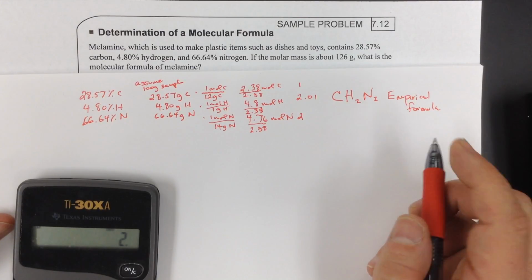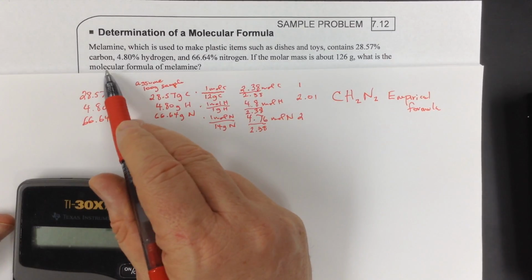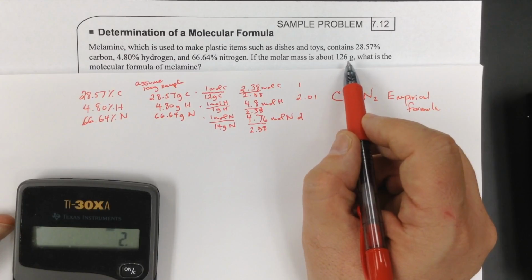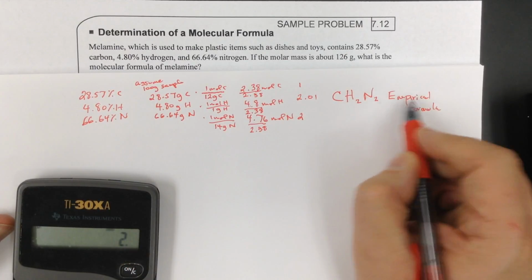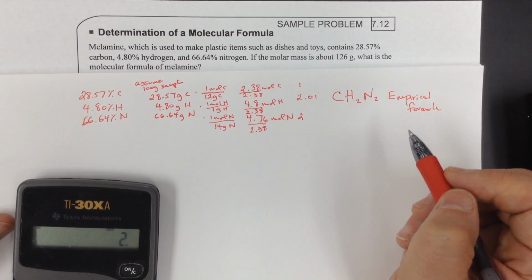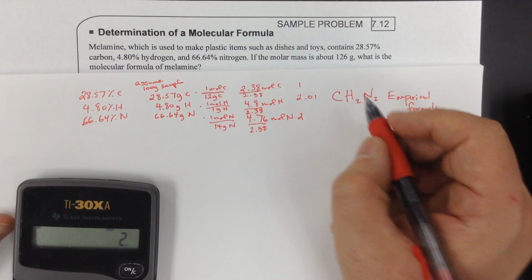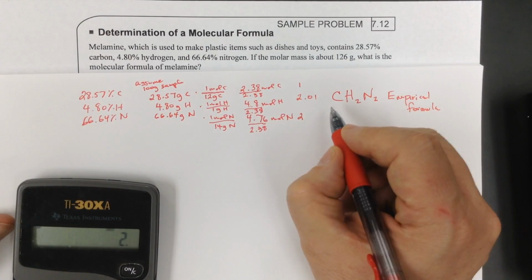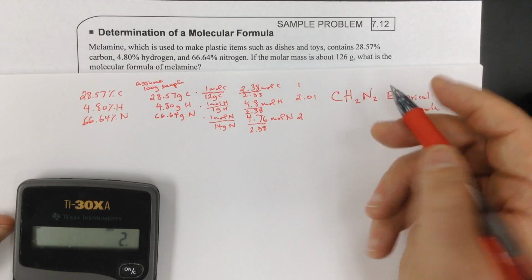In order to find out if the empirical formula is exactly the molecular formula, which is what I was asked, if the molar mass of melamine is 126 grams, what is the molecular formula? This is not necessarily the molecular formula. I have to check it. First, I ask myself, what does this weigh? What is the molar mass of this molecule, and then compare it to 126.